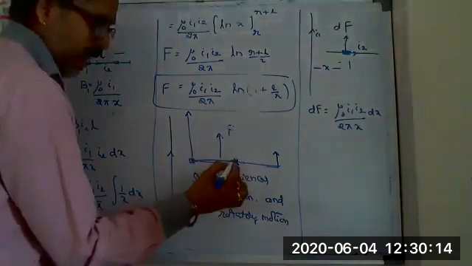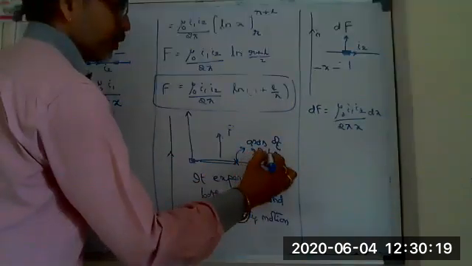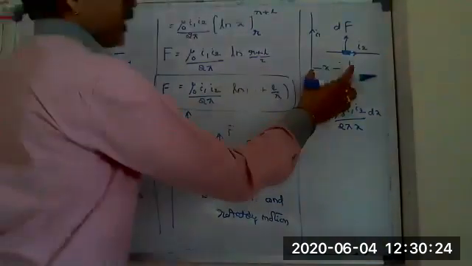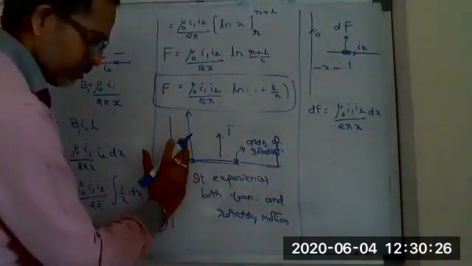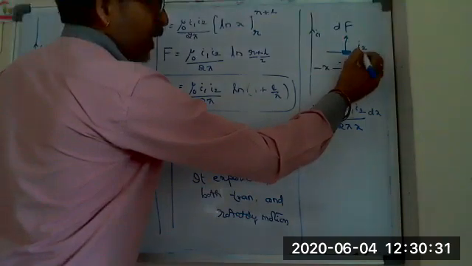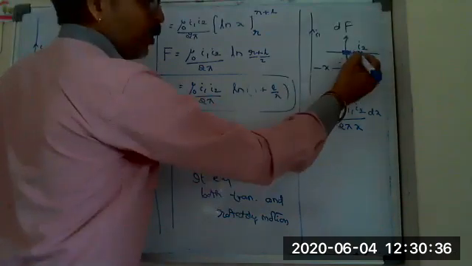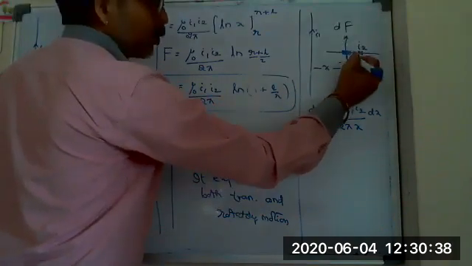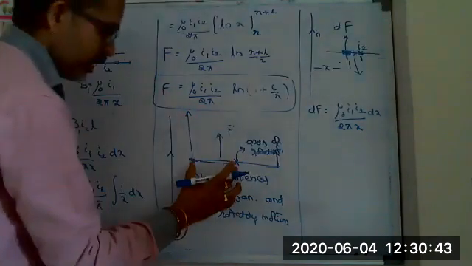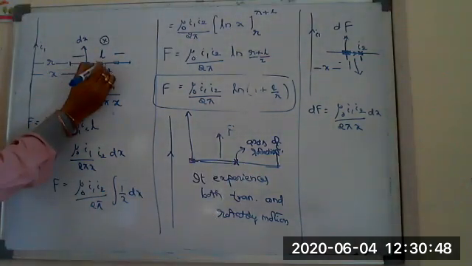Since the element is at a distance x on the left side, the distance from the axis of rotation to the force is L by 2. So you observe here, suppose this is the center.